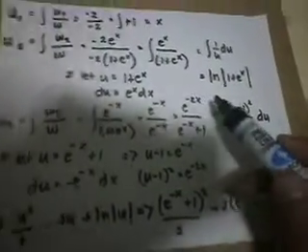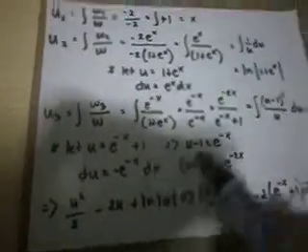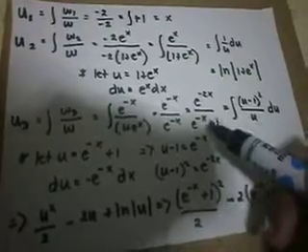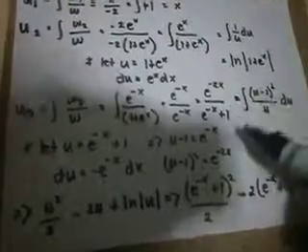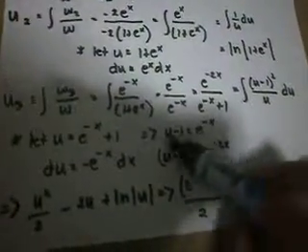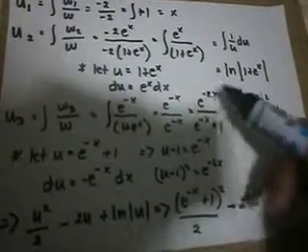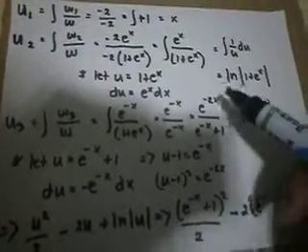So we get this one, and let u be equal to e to the negative x plus 1, and du is negative e to the negative x. In order for us to get the equivalent u function of e to the negative 2x, we need to transpose 1 to the left hand side: u minus 1, and square it, to get e to the negative 2x for our substitution.